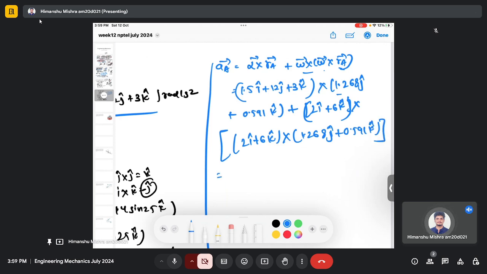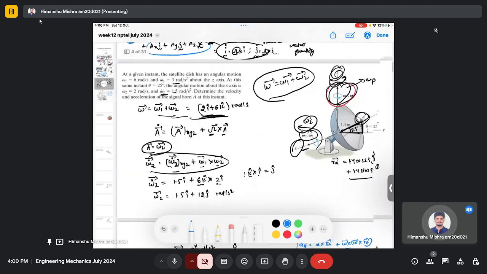So we are just substituting into the formula and we will get the answer. On calculating, you will get this as 10.4i minus 51.6j minus 0.463k meter per second square. So this is the acceleration of point A.